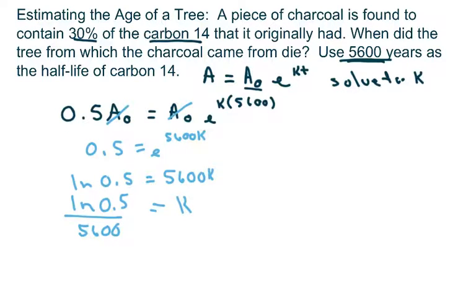Now, we have to find when the tree died. So we're going to solve for T, when A equals 30% of the initial amount.